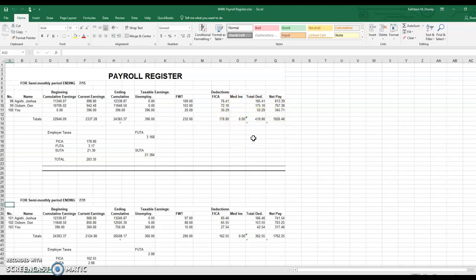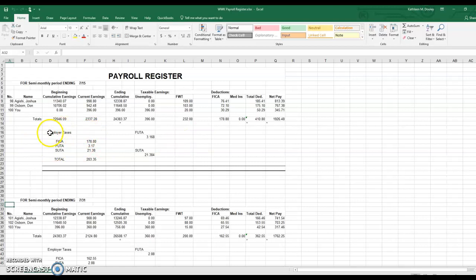The other thing you can do is to go ahead and record this in the general journal. If you don't set up your cash payments journal to handle it, then you can just debit and credit those things in the general journal.